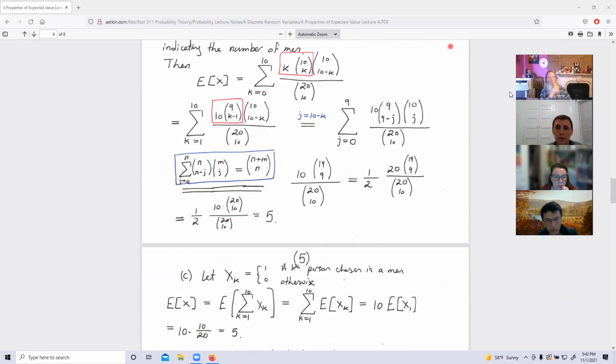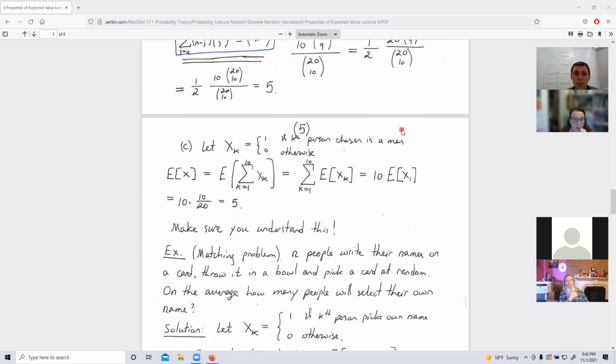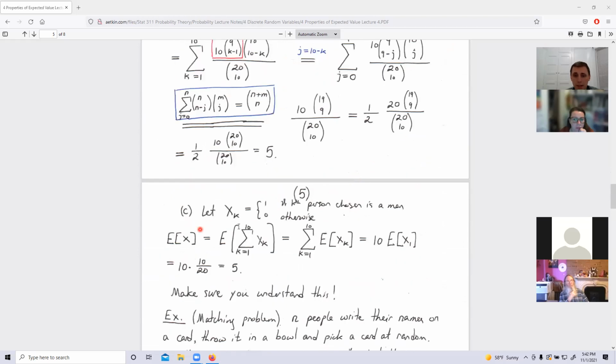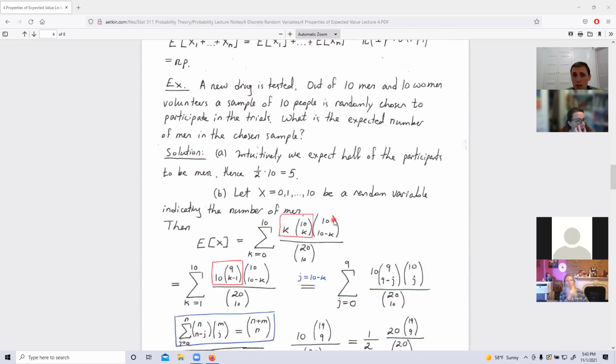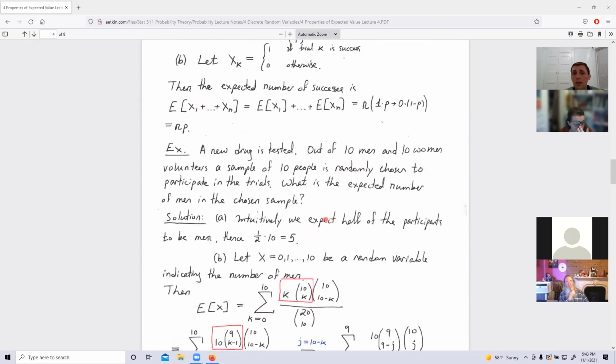But if you solve this question using the fact that the sum of expected values is the expected value of the sum, then you can very quickly, with almost one line, get to the expected value of X, where X was, if you remember the question, the number of men serving in this committee of size 10.